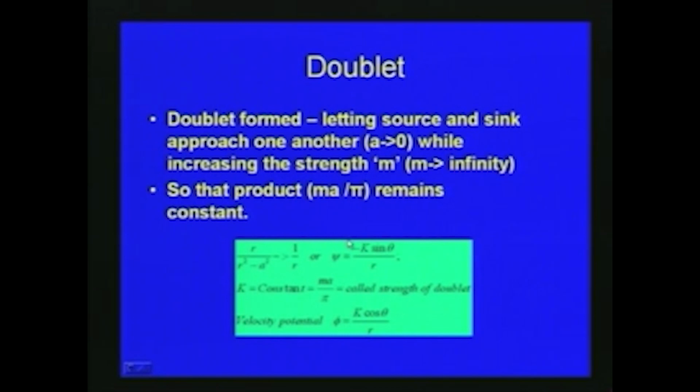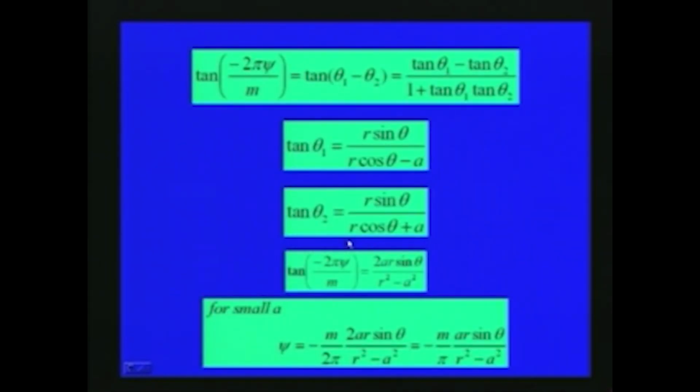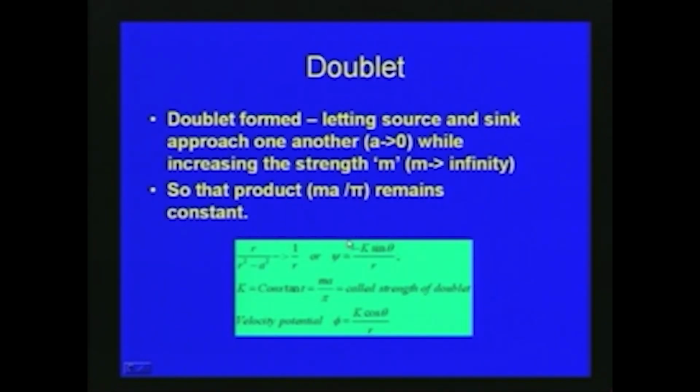So from the previous equations in the previous slide, when a tends to 0, we can say that r divided by (r² - a²) tends to 1 by r, or finally the stream function ψ is equal to -k sin θ by r, where k is a constant which is equal to m a by π.